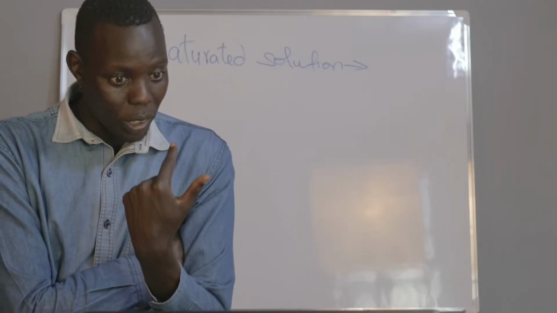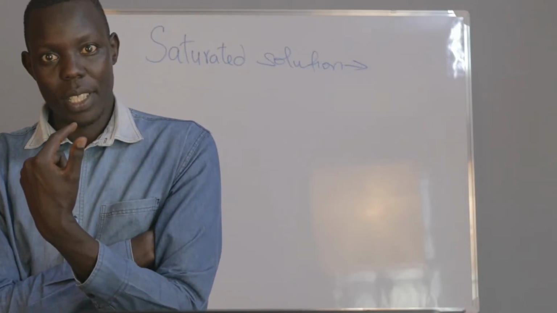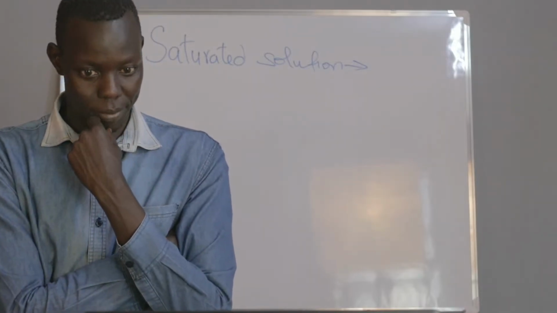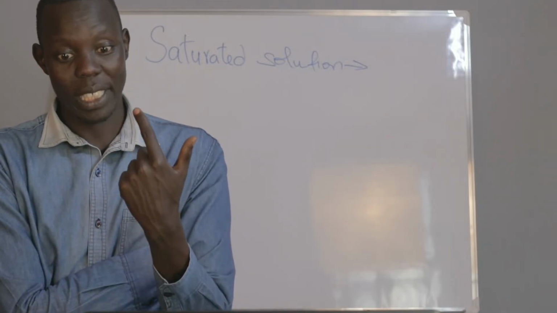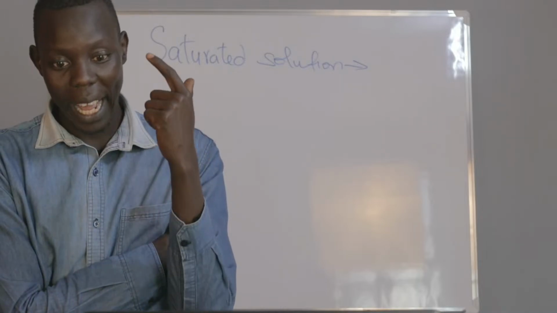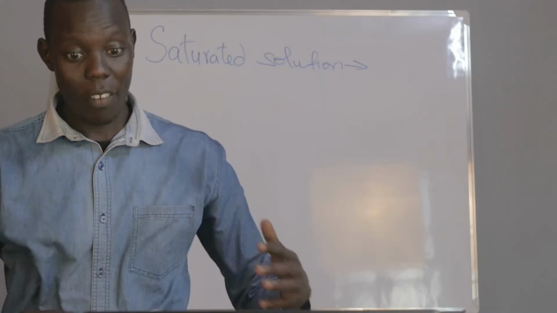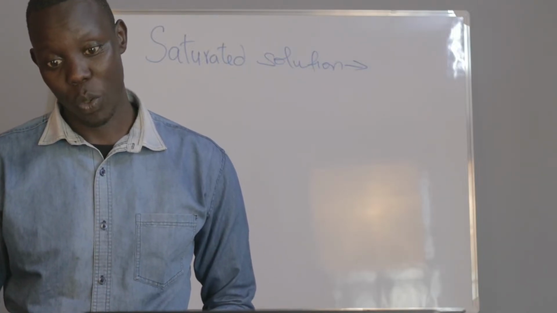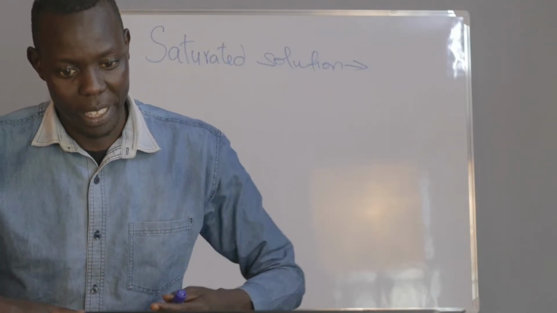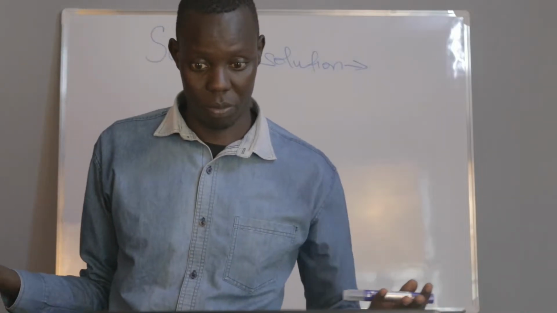So the solution in which no more solid can dissolve is called a saturated solution. It happens under a constant temperature. After we add and it refuses to dissolve, we call it a saturated solution because it can't dissolve anymore.